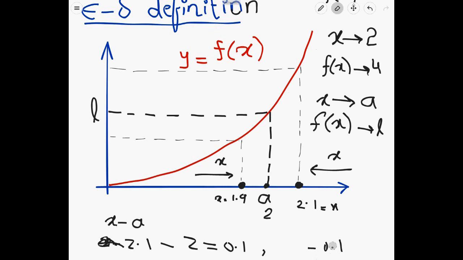Now, because we are speaking generally, we will not make use of numbers like 2.1 and 1.9.